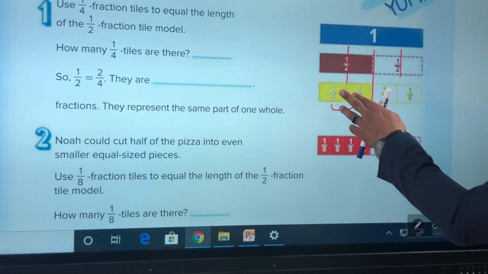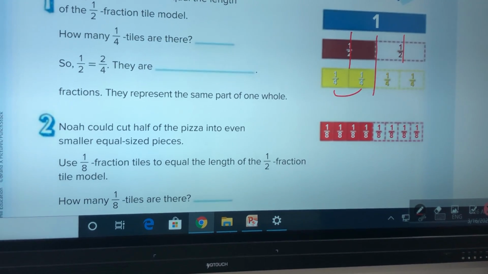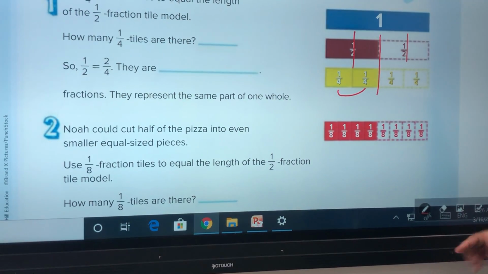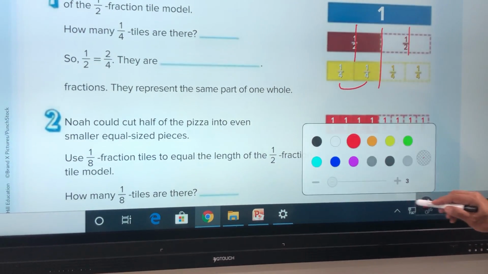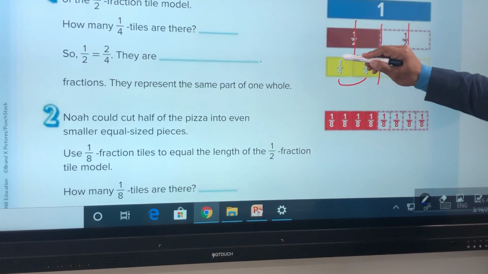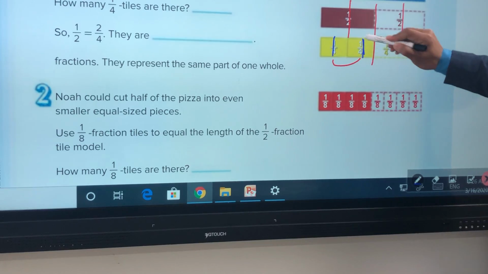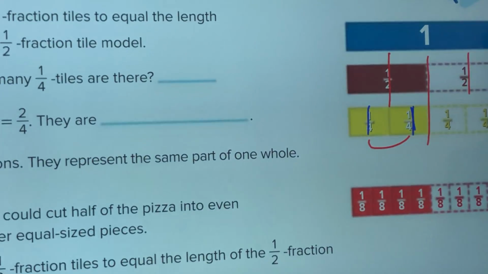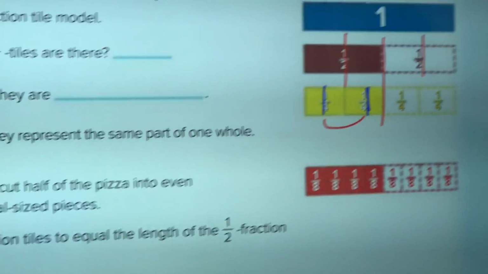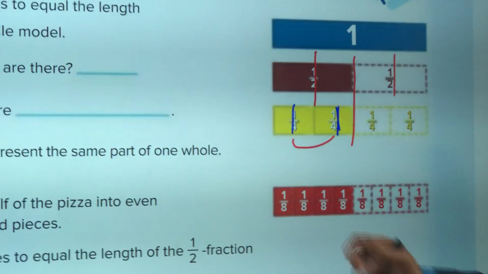And here, if you divide each quarter into 2 equal parts, so this quarter I divide into 2 and here 2, you have 4/8 in 2 quarters, and each piece is 1/8.